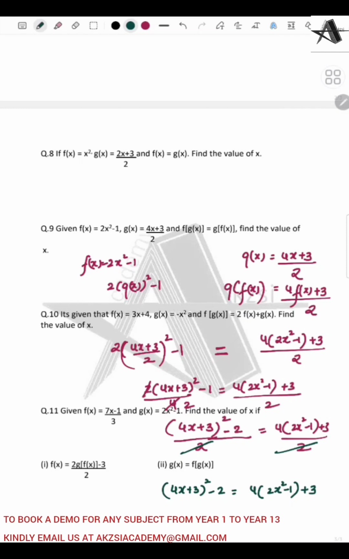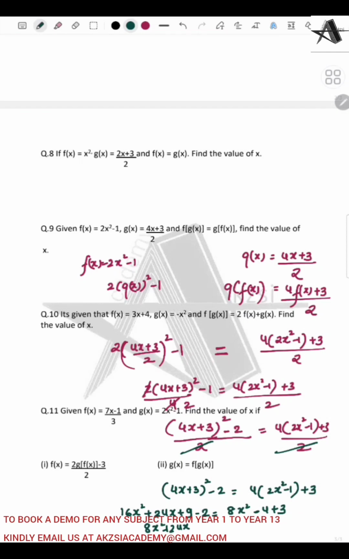Remaining would be (4x plus 3) whole squared minus 2 is equal to 4 times (2x squared minus 1) plus 3. Now I can expand this. This is 16x squared plus 24x plus 9 minus 2 equals 8x squared minus 4 plus 3. Then I'll bring it here. This will become 8x squared, and it's only 24x we have. 9 minus 2 is 7 and this is minus 1.